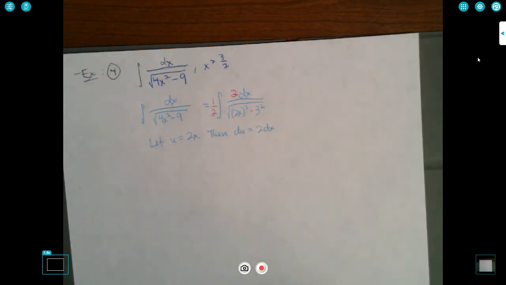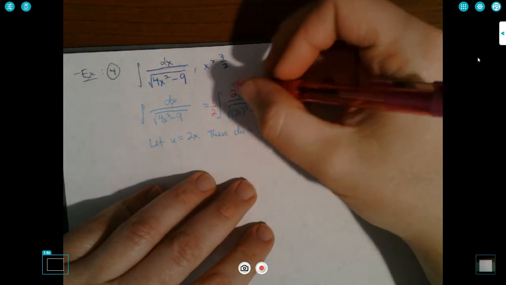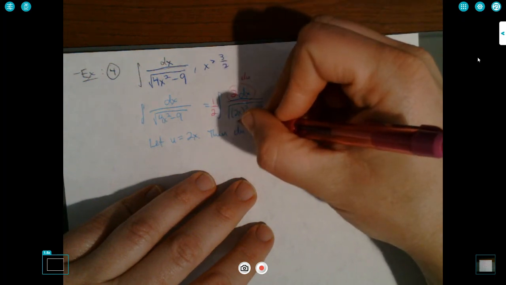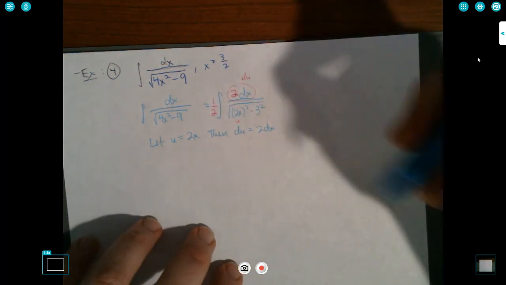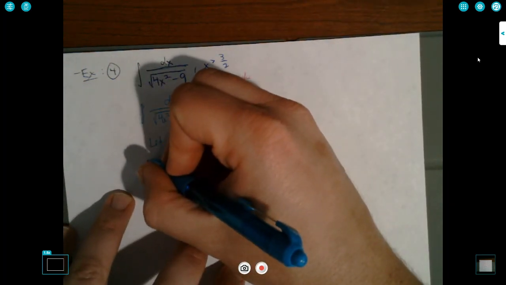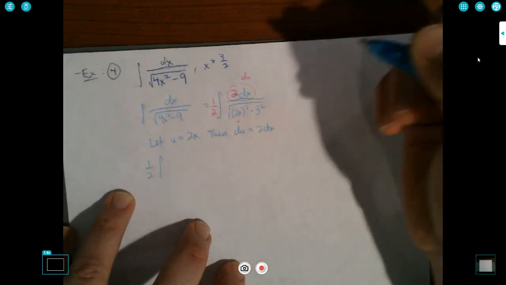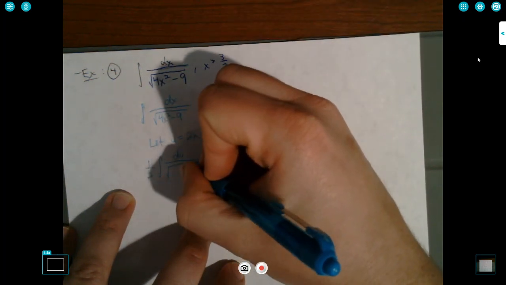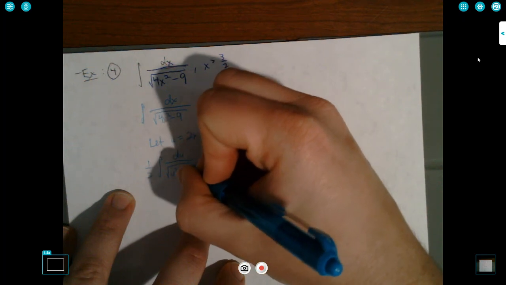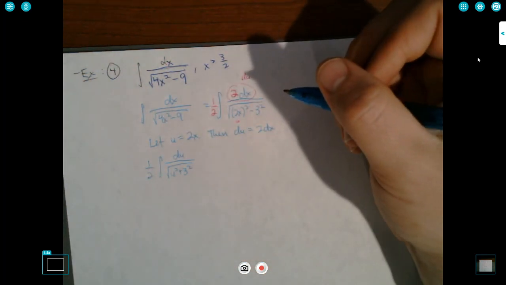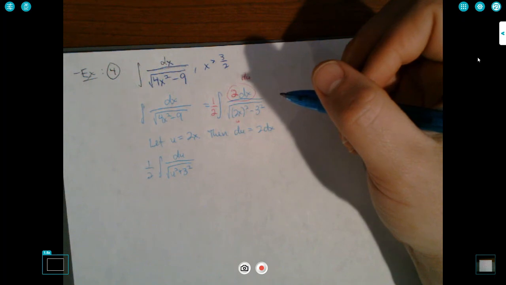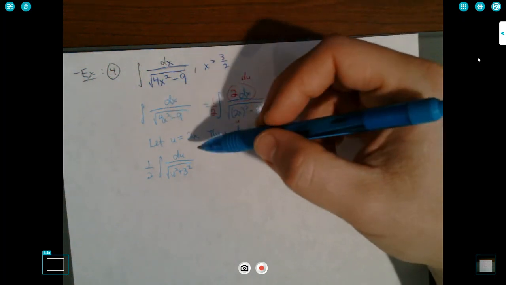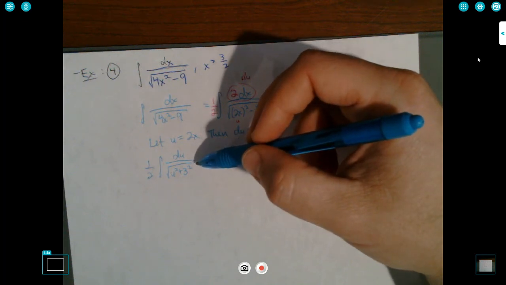Okay, and doing that's nice because now I've got du and I've got u squared minus 3 squared. So now I've got 1/2 times the integral of du over the square root of u squared minus 3 squared. According to the previous theorem that we just looked at, this is a cosh inverse format, right?